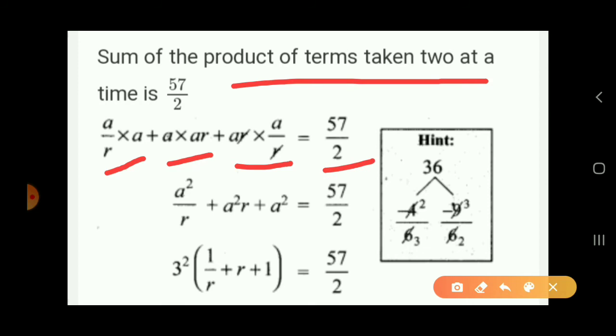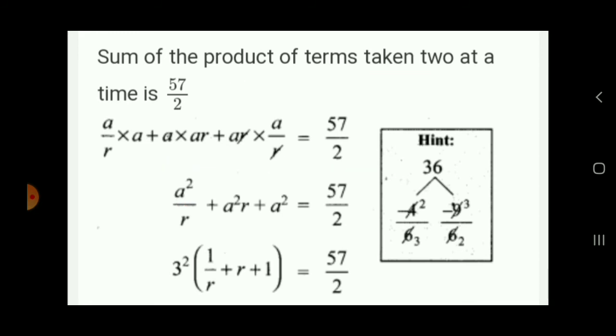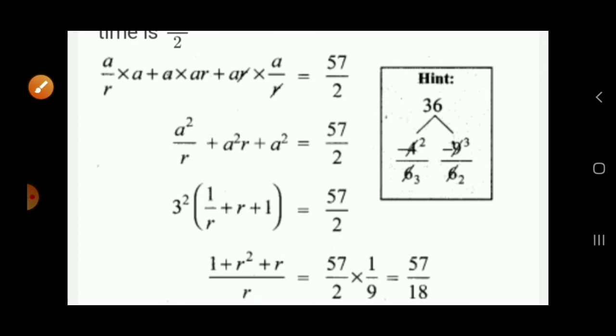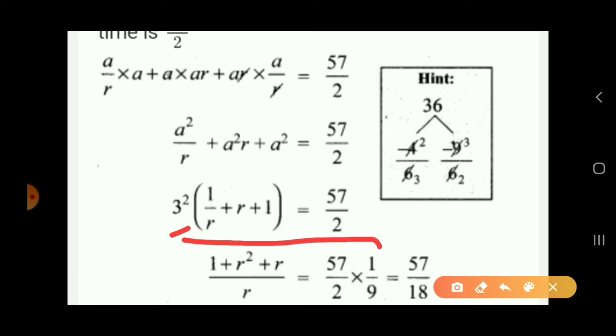So A square by R, plus A square, plus A square R. Taking A square common, since A is already 3, we get 3 square into 1 by R plus 1 plus R equal to 57 by 2.